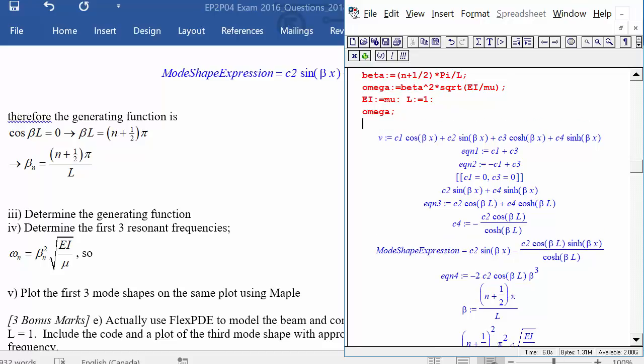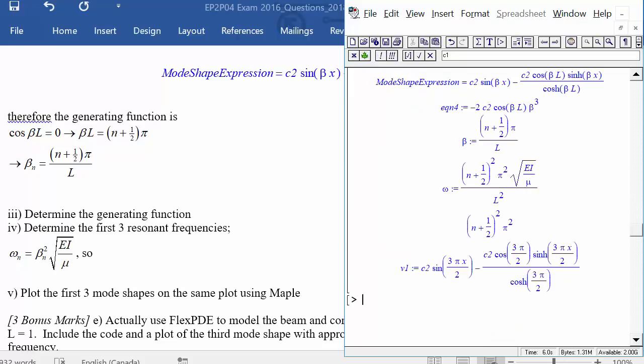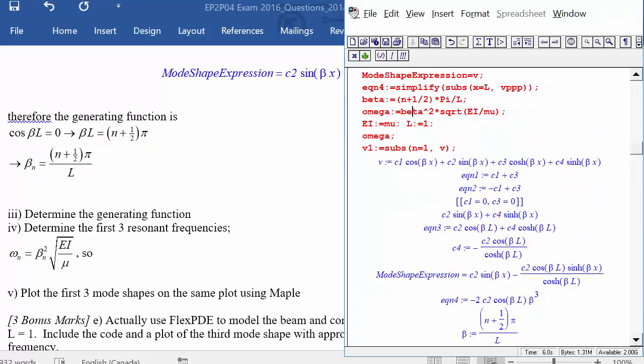and we could figure out what beta is at each n. So we'll say V1 is equal to subs n equals 1 into V. That should sub in for the beta that we found. We can also get rid of this C2 thing. And we'll do the same thing for the next part.